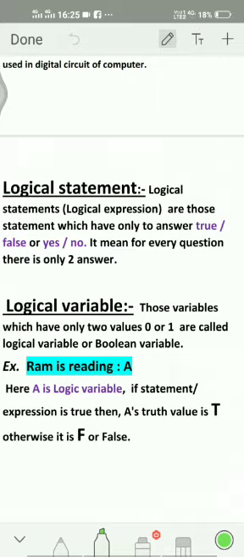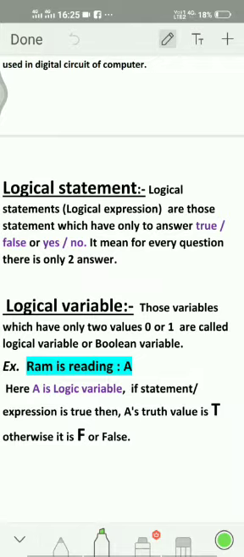Those statements which have only two answers, true or false, yes or no, are known as logical statements. As I told you already, today is a rainy day, the answer will be yes or no, that is a logical statement. Okay, have you done your work? You will reply yes or no, that is also a logical statement.